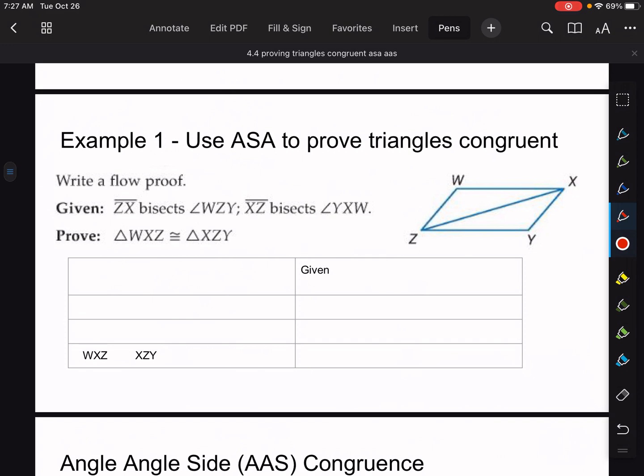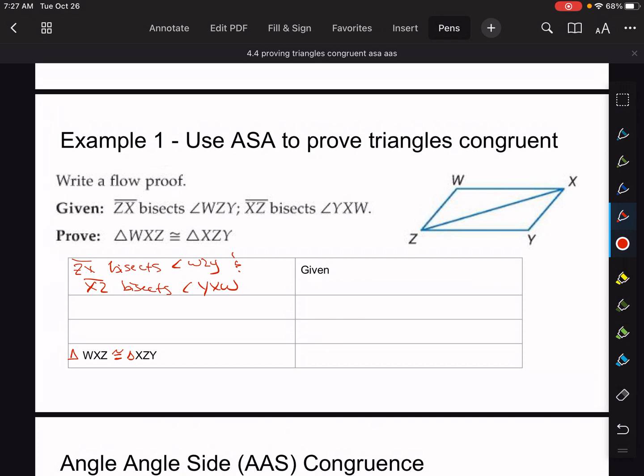For example, one here. So it says given that ZX, so let's write this in, ZX bisects angle WZY, and that XZ bisects angle YXW. That's what's given. And then we're trying to prove here that triangle WXZ is congruent to triangle XZY.